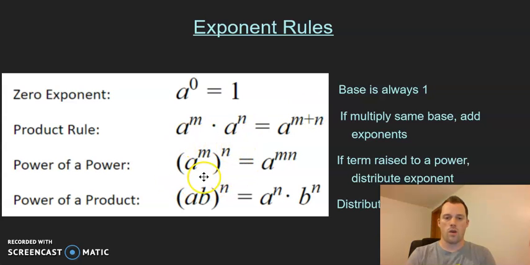Here we only have one base, and we have a power to another power, or a power of a power. In this case, it's kind of like what we see when we distribute a number in front of parentheses, but we just multiply the exponents here.